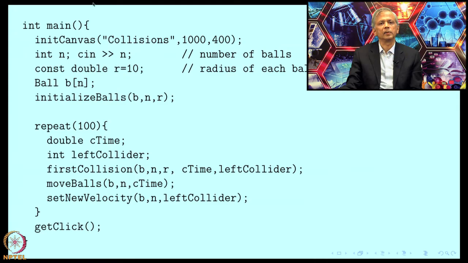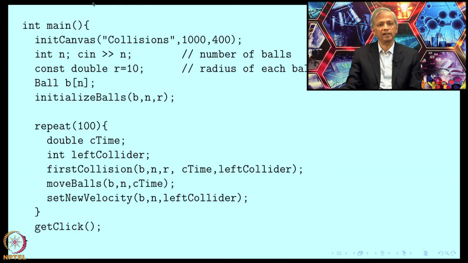And r is going to be the radius of each ball. Since we know that the radius doesn't change, we might as well make it constant. Then we are going to declare the balls themselves. So each ball is going to be of type or class capital BALL.